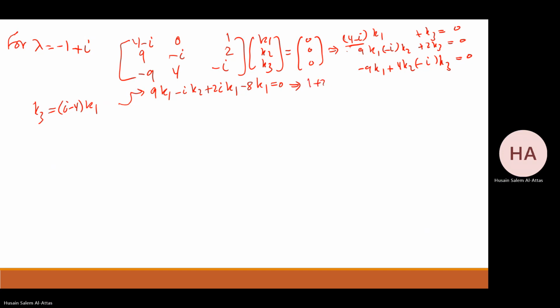So what we have is 1 plus 2iK1 minus iK2 equals 0. Now plug in the second equation. I have minus 9K1. I'll show these two equations should be the same.